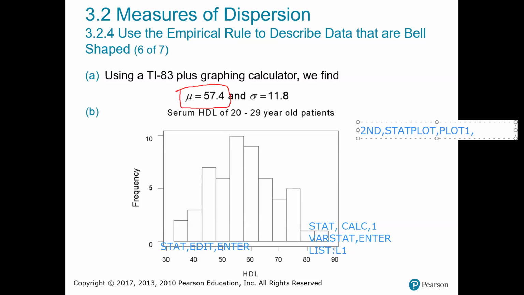And when you choose plot 1, say enter. And when you say enter, it will show you a couple things on the calculator. I'm gonna show you my calculator screen so you can make sense out of how we get to that graph.